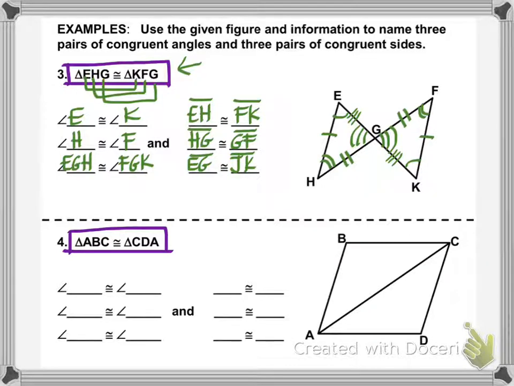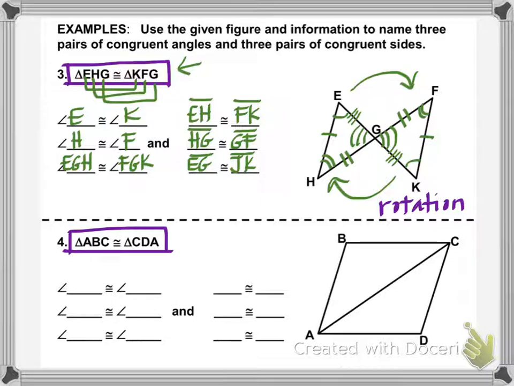I also did not reflect it. I actually rotated it. So this is an example of a rotation. You don't necessarily need to know this, but if you can see how the triangles are congruent, then that kind of helps. So we have translations, rotations, and reflections. That might help you a little bit.